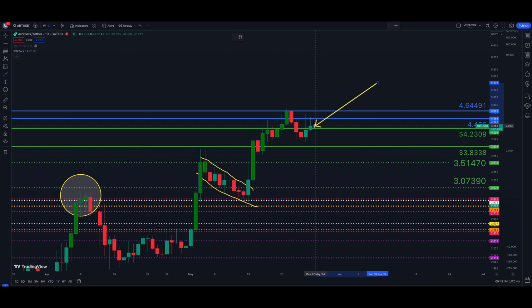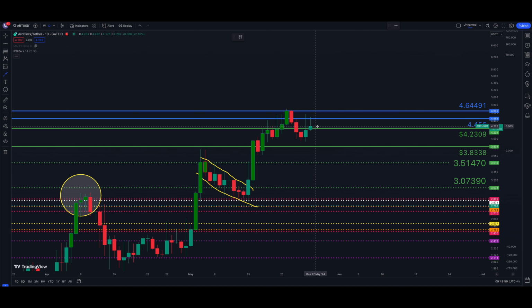We close above 456, and we start to make our way towards 464. Okay, that would be very bullish. If that happens, there's a really good chance that we're going to be breaking past these highs over here at 464. That is the bullish scenario for the long-term holders here who want the price to, obviously, go to the moon.